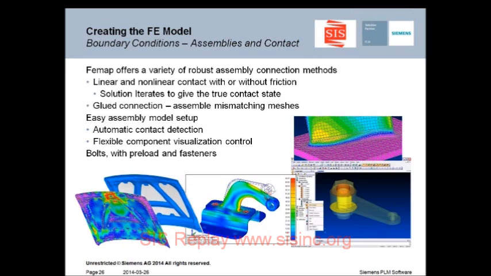And also from the point of view of components which will fit together, Femap offers a variety of robust assembly connection methods, and some of them are shown on the slide here. So, for example, the top right image is really a surface connection. We have a turbine blade model there, and we're connecting a hexa meshed blade to a tetra meshed base.